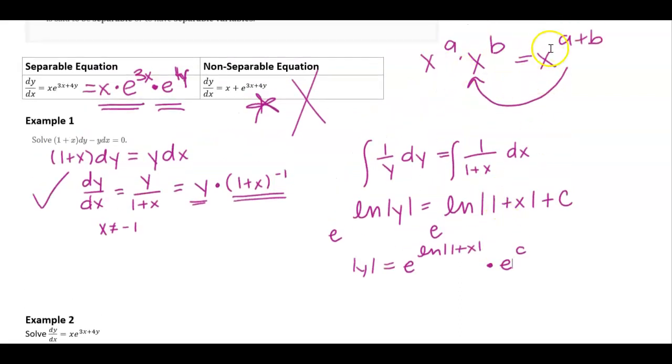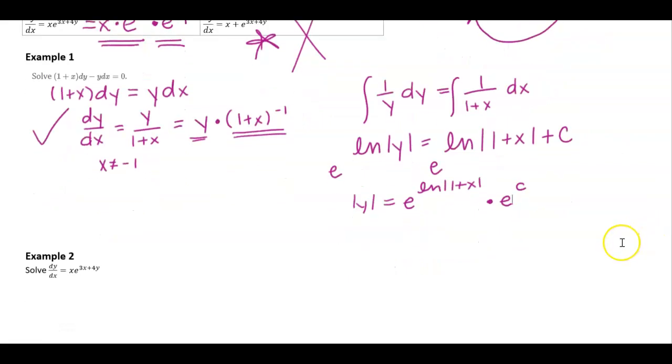And then I can write that as e to the c. Well, e to the c is also just a constant. And then these cancel. And I can drop my absolute value bars on y because depending on what c is, that's going to then determine what my y function is. But let's go ahead and keep these here.